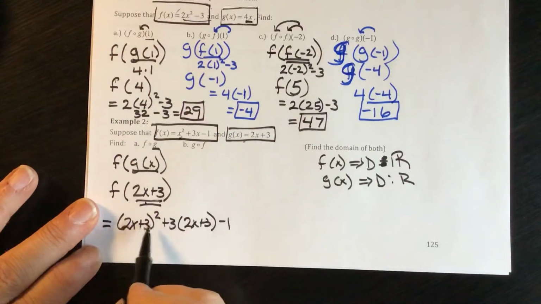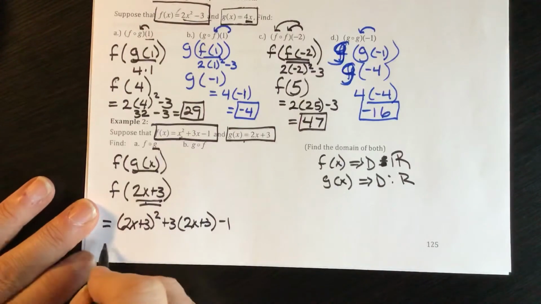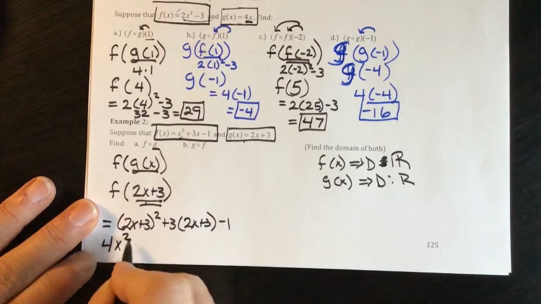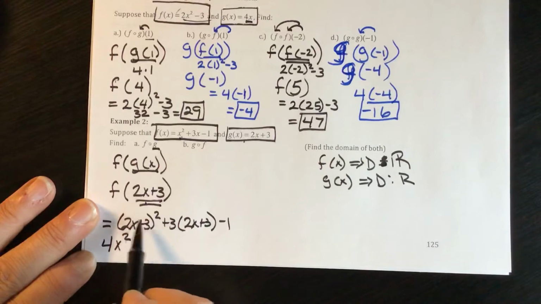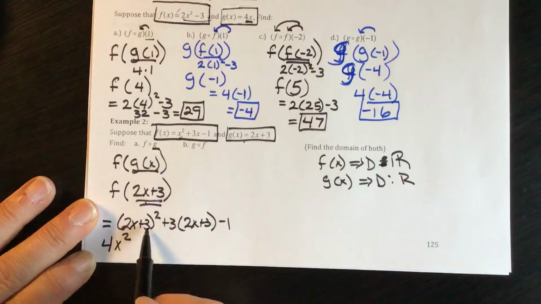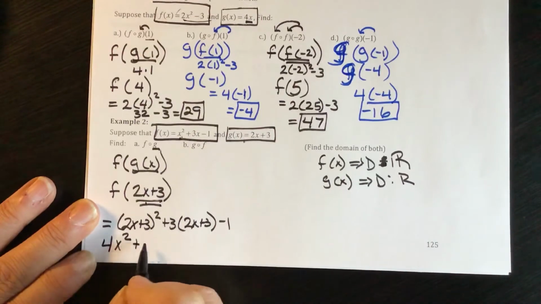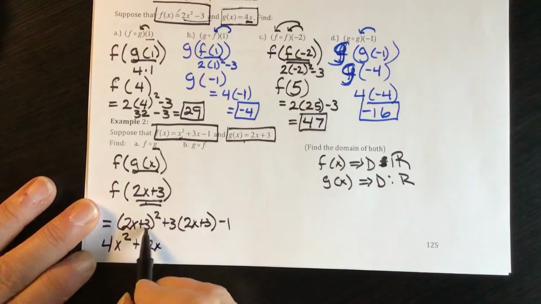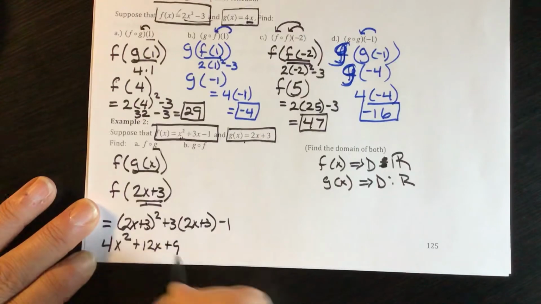So if I multiply 2x plus 3 times 2x plus 3, I'm going to get 4x squared. And then I'm going to multiply the middle terms. 2x times 3 is 6x, and double it, so that's plus 12x. And then 3 squared is 9.